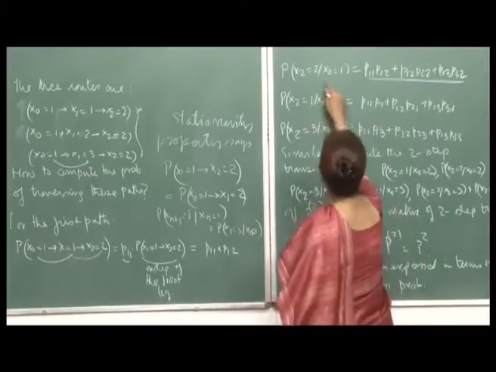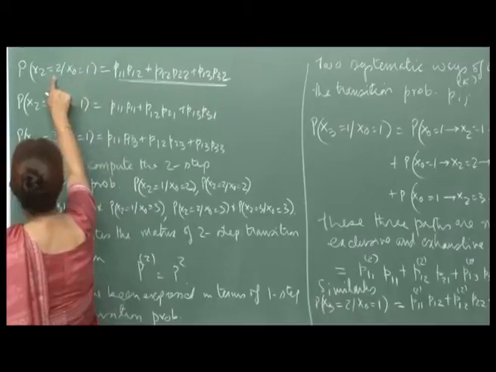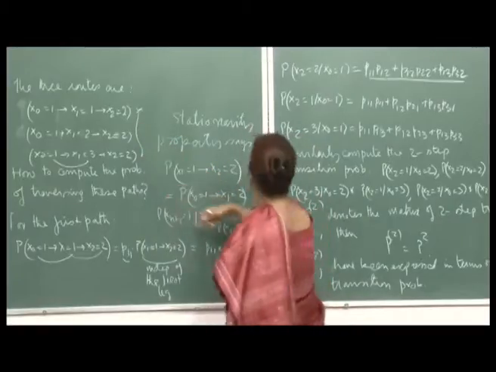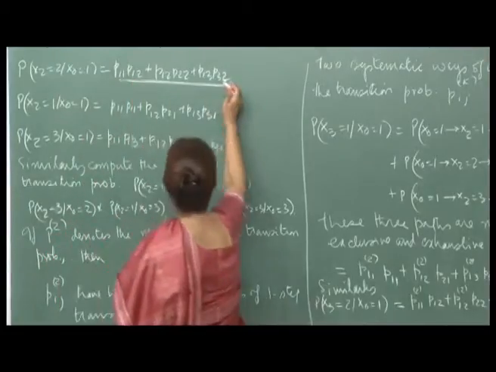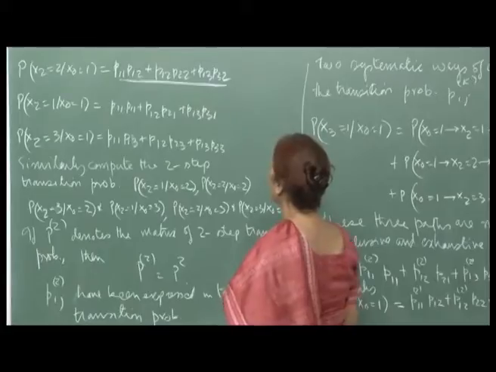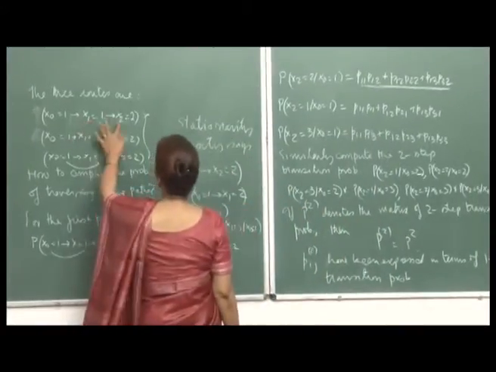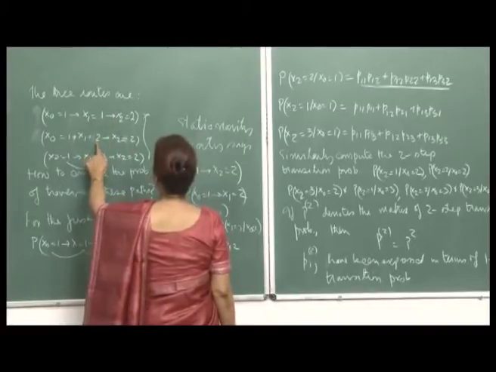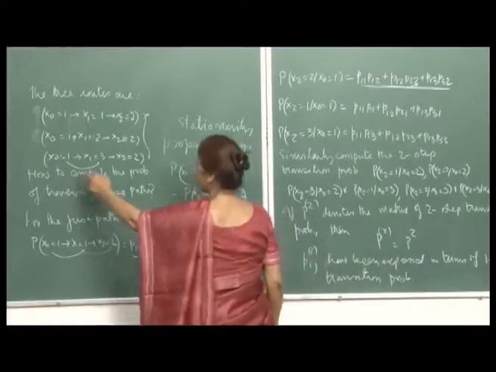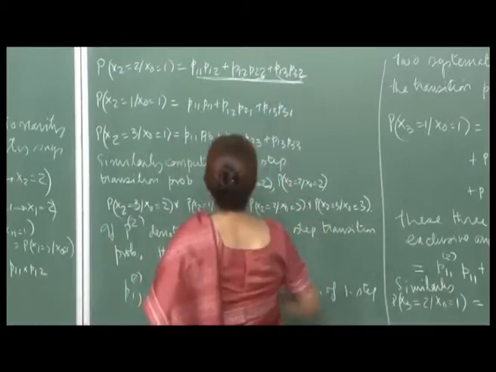These are the 3 possible ways of going from 1 to 2 in 2 steps, right, a 2 step transition. So all these 3 add up to this. So this is P11, P12, then P12, P22, which is this path, and then 1 3 and 3 2. So these are the things.